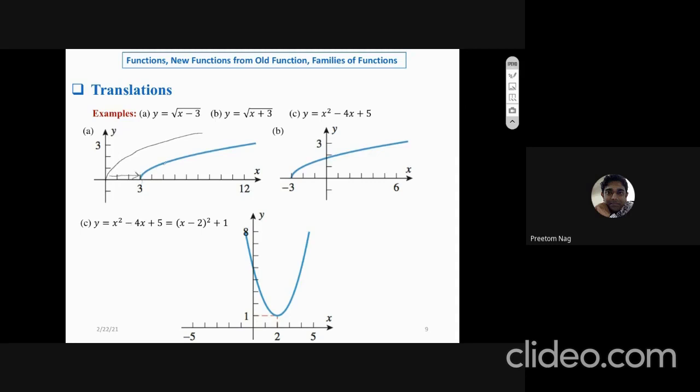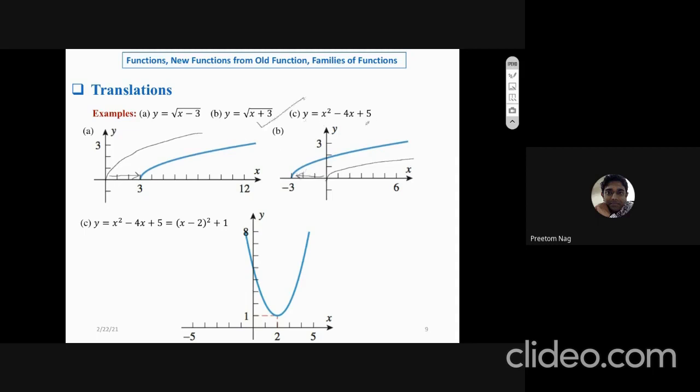Then you will get the final solid graph, this one, y equal to square root of (x minus 3). Then for y equal to square root of (x plus 3), the original graph is square root of x, so it will move left side by 3 units. Okay, then you will be able to get this graph.